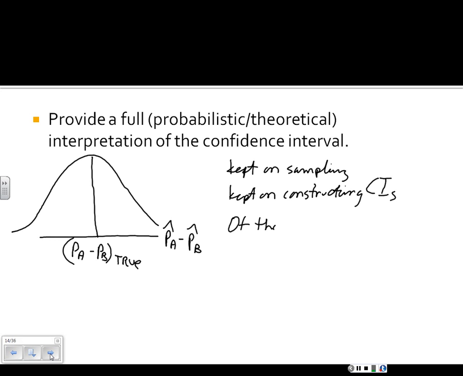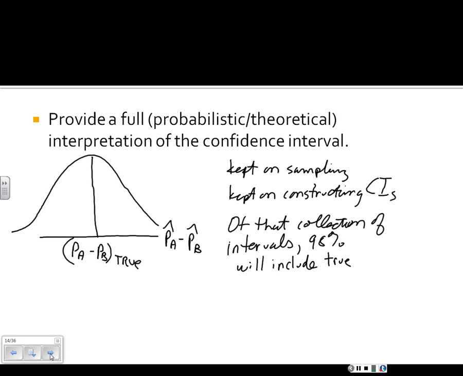So of that collection of intervals, 98% will include the true, we don't know what it is, but the true PA minus PB. So somewhere in the interval, it doesn't have to be any specific place in the interval. So 98% are going to be like that.